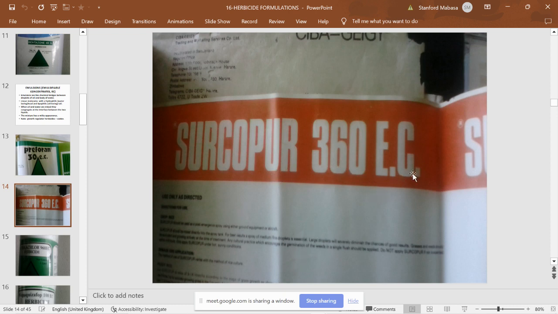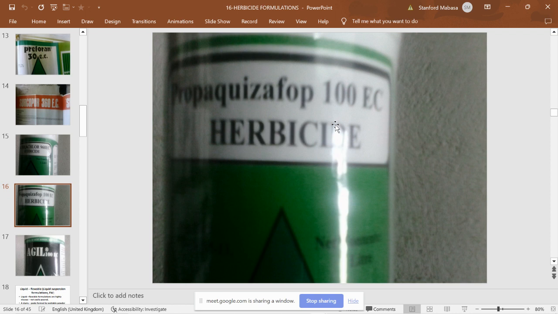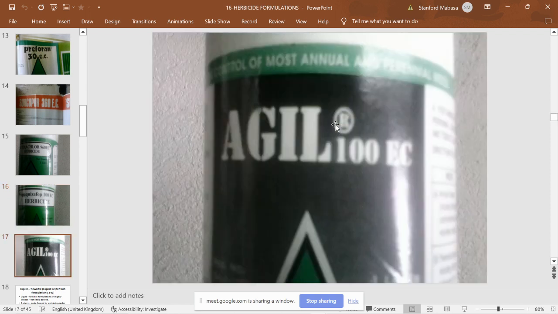Secope 360 EC, another one with EC. This one is Propaquizafop 100 EC. Agile, I think it's used in groundnuts, 100 EC. So these give us emulsions.